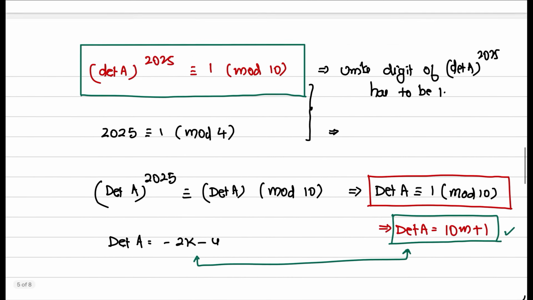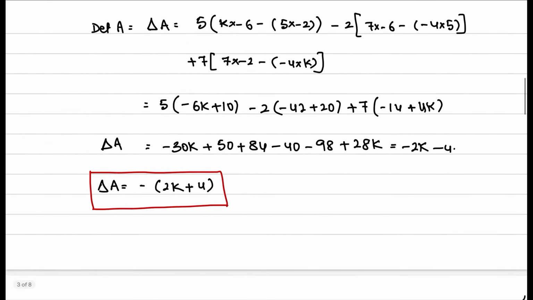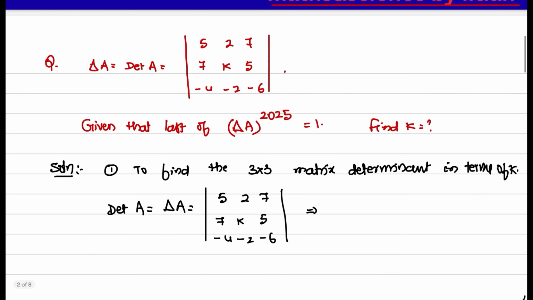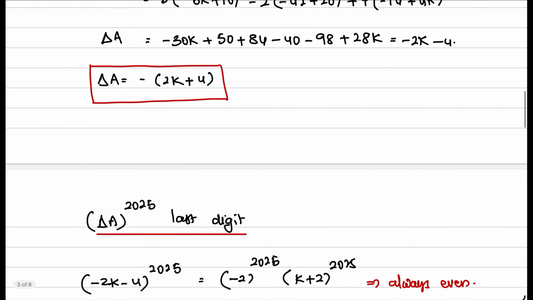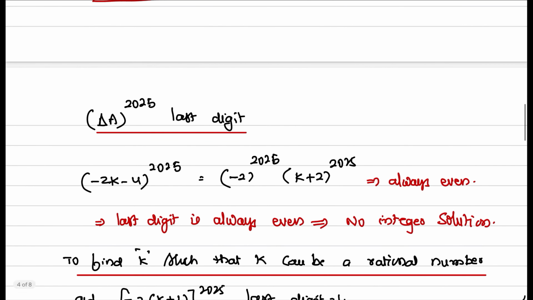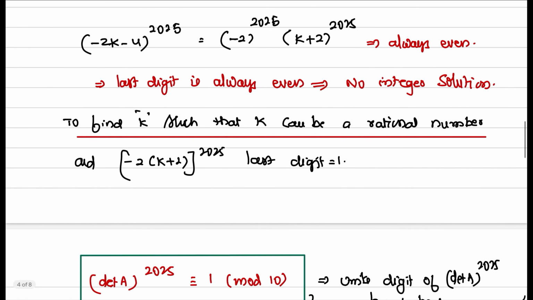Initially, what have we done? We determined the determinant in terms of k, then that determinant has to have last digit 1, since it is 1 to the power of 2025, and we found that the value is always even.